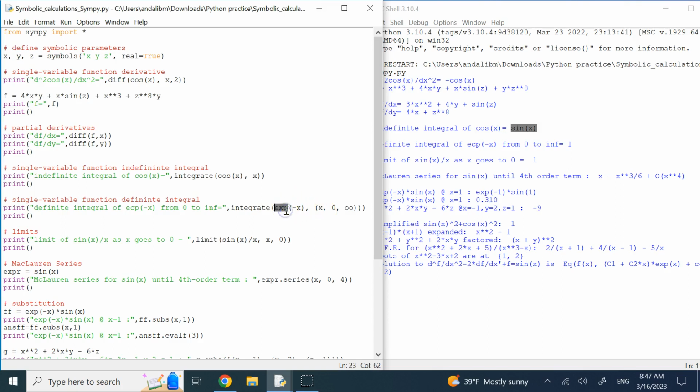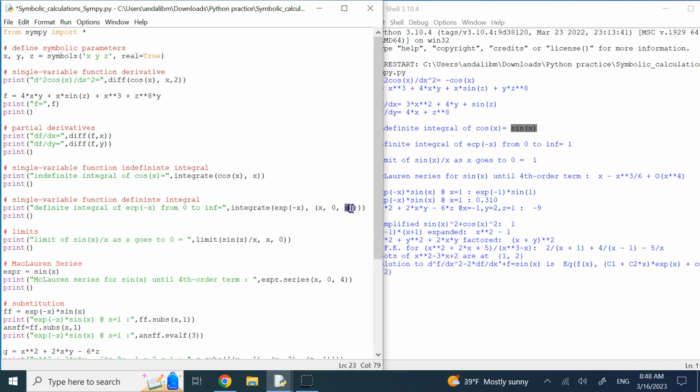So here I'm integrating exponential of x with respect to x, but from 0 to infinity. And the interesting thing is this infinity here. Okay, you don't pass INF or math INF or anything, because that's a number. You need to pass a symbolic for infinity, and as you saw, the symbolic is OO. Okay, so yeah, that's an interesting thing.